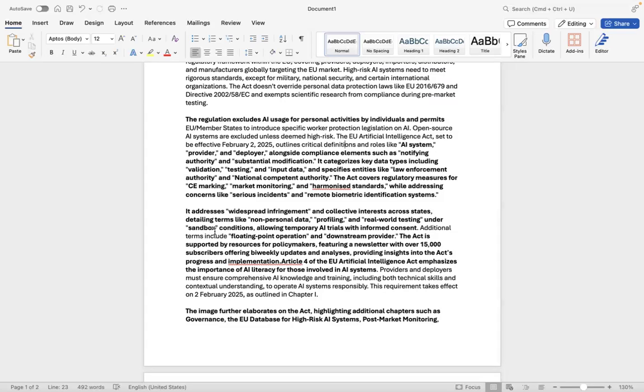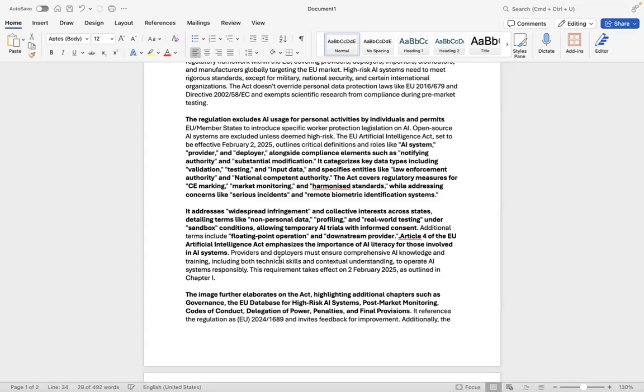Under sandbox conditions, allowing temporary AI trials with informed consent. Additional terms include floating point operation and downstream provider. This is again the distractor part. So I'm going to remove this. And finally, Article 4, right?